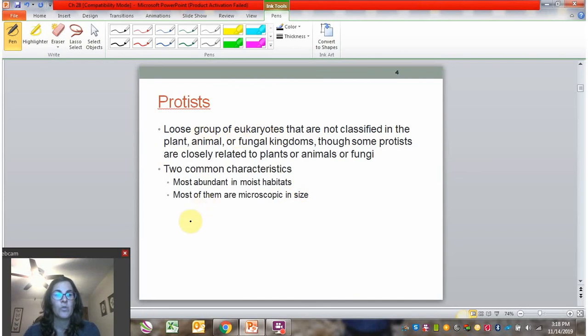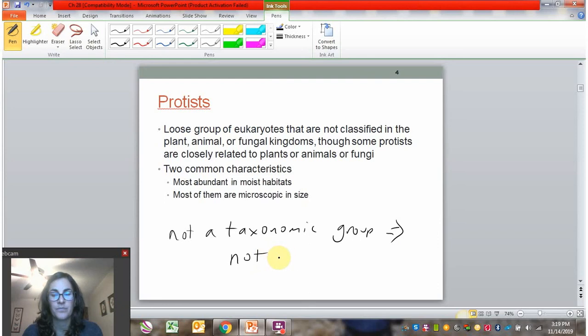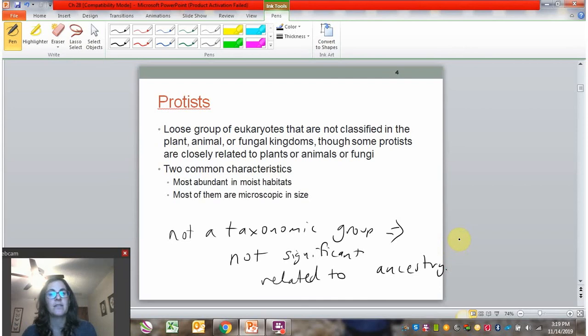When we say loose group, this is not a taxonomic group. So what I mean by that is that it's not related to evolutionary ancestry. So while protists might look alike or share some characteristics, it doesn't mean that they're close relatives of each other. And in fact, the protists are now divided into supergroups based on ancestry.